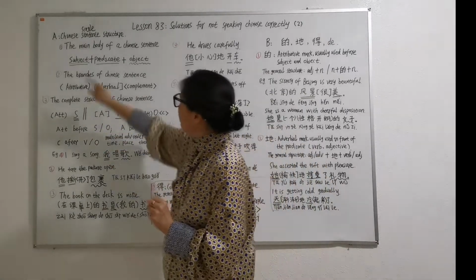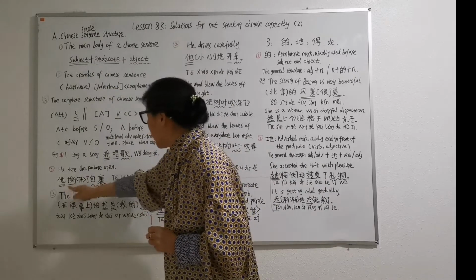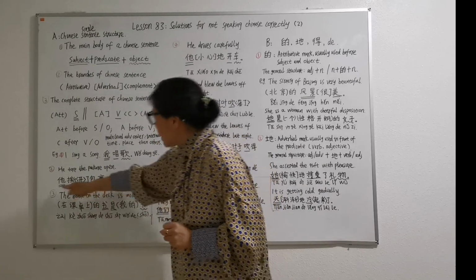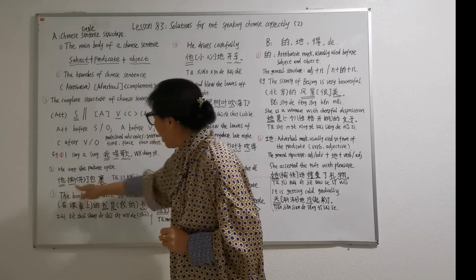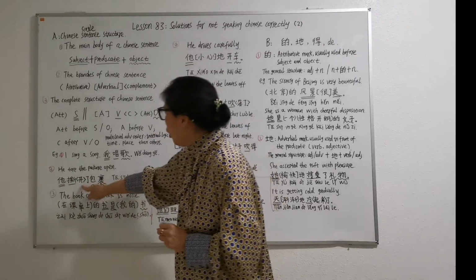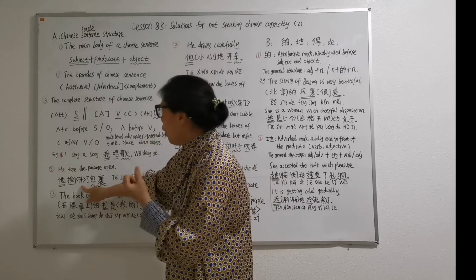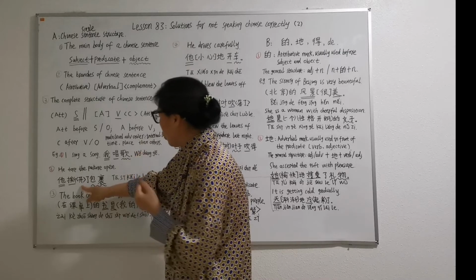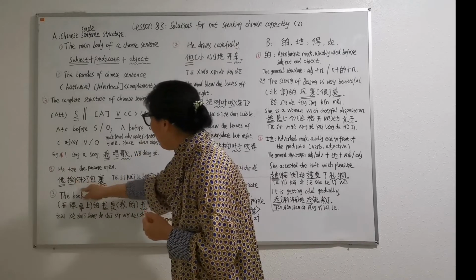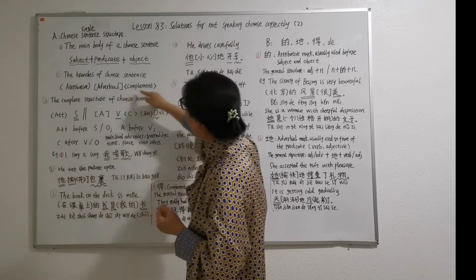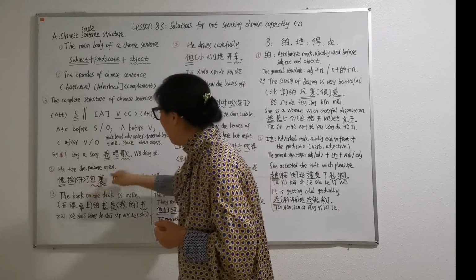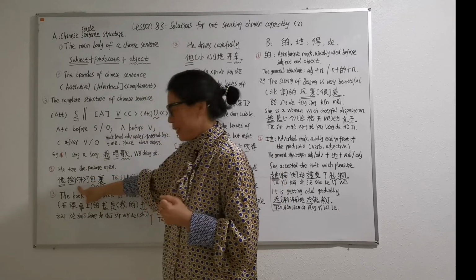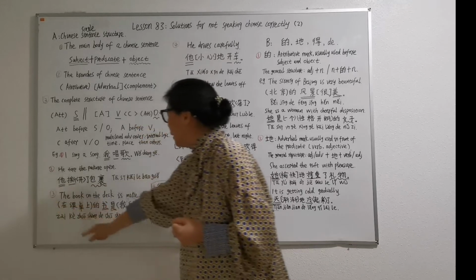First we check the main body: 他撕包裹, subject, predicate and object. And now we have one more branch element. 开 is complement. This mark is complement. 开, open. Understand?